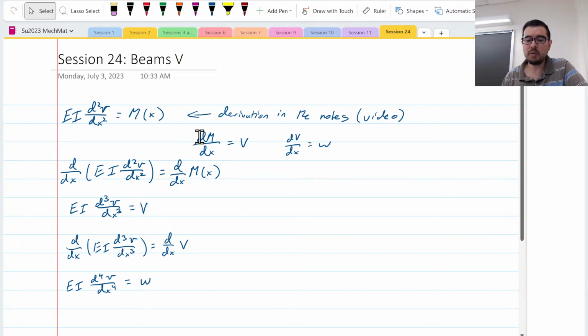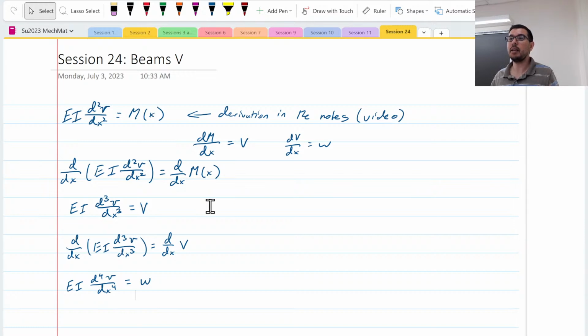And if you use our two big equations that relate internal moment to shear force and internal shear force to applied distributed force, you can take the derivation that you see in the notes and then get these other expressions. This session is particularly complicated, I think, mathematically, at least algebraically.